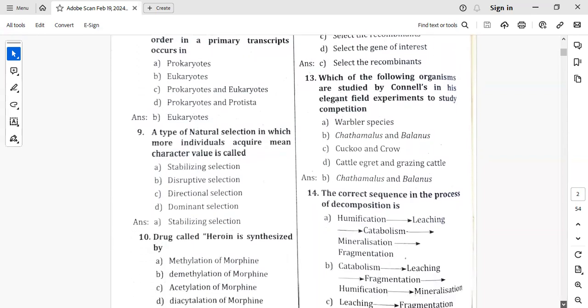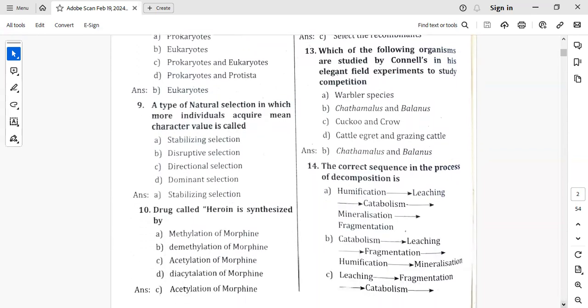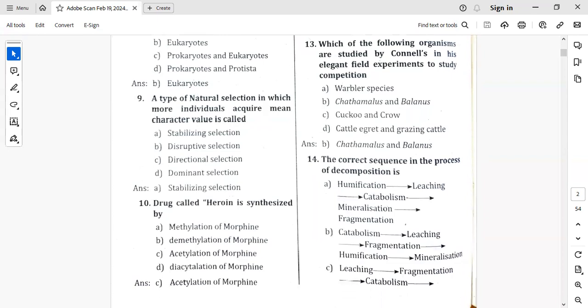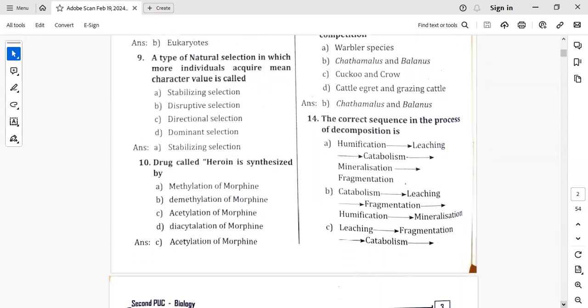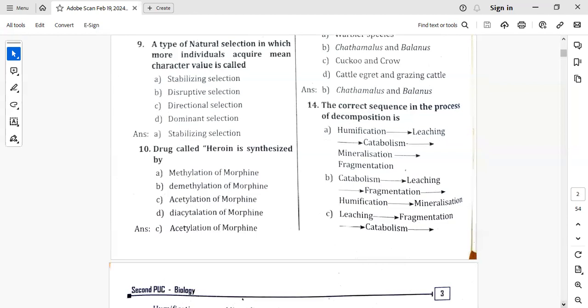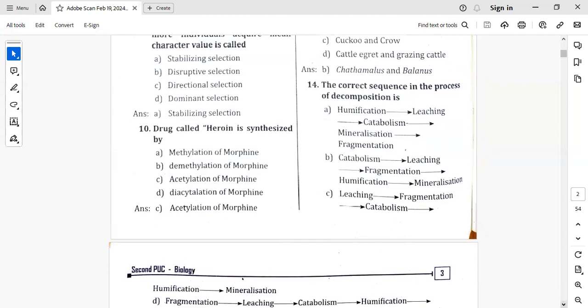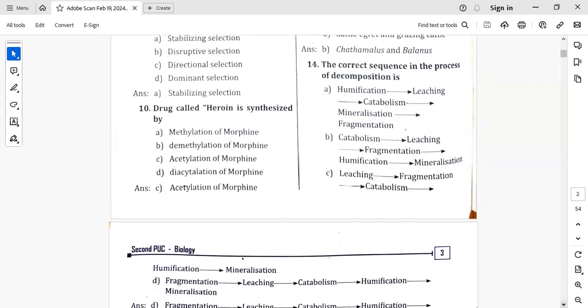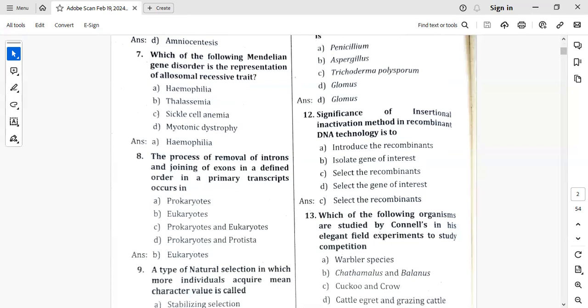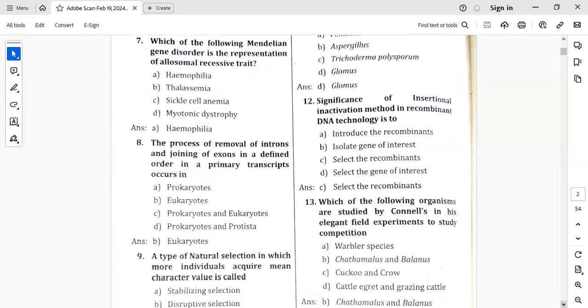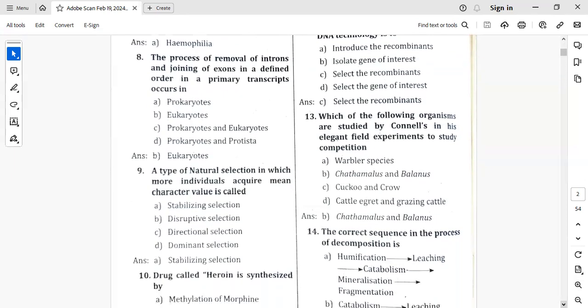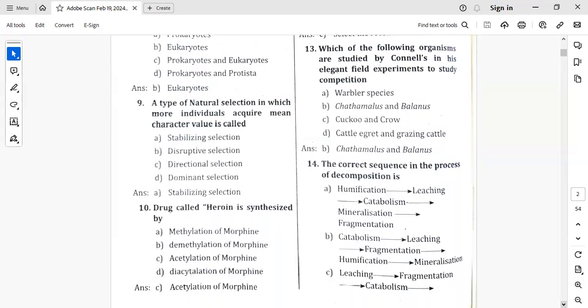Next, the correct sequence in the process of decomposition. Is it humification first? No, humification comes much later. Is it catabolism? No, because catabolism means breaking down, and initially it doesn't break down. Is it leaching?